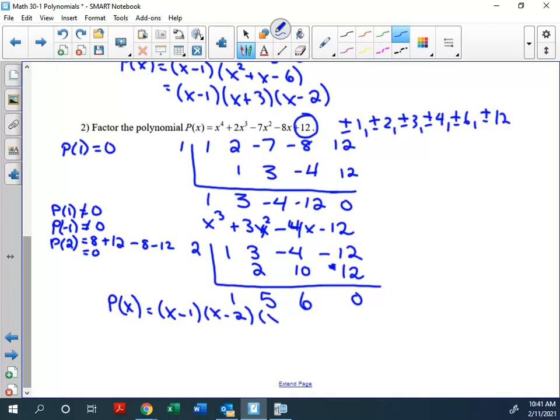I am now left with the quadratic x squared plus 5x plus 6. I can complete my factoring, x plus 3, x plus 2, and I have fully factored my polynomial.